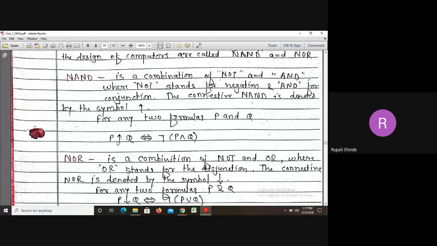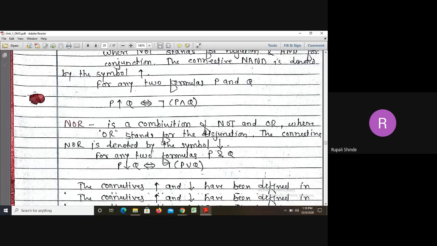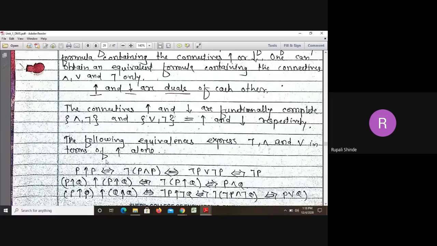Between the two variables we apply the AND operation, the conjunction, and outside the bracket we write negation. Here both variables are P, so negation is applied to P and P.